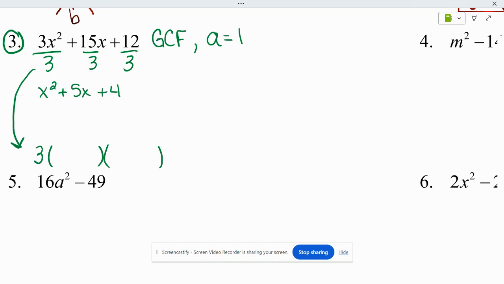And so now since A equals 1, remember the factors that you choose are the factors that you use. 2 numbers that multiply to 4 that add up to 5. 1 and 4. So this factors out to x plus 1 and x plus 4. And that's it.